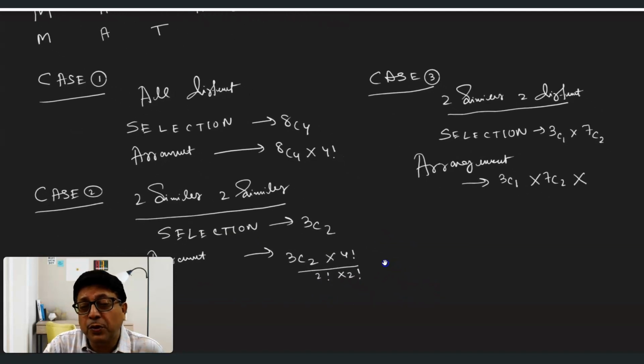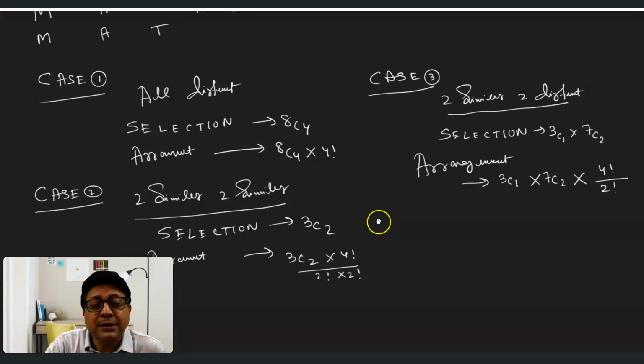Out of these 4, 2 are repeated. So 4 factorial by 2 factorial. Okay. So these many ways selection can be done, and arrangement of those selected letters also can be done.